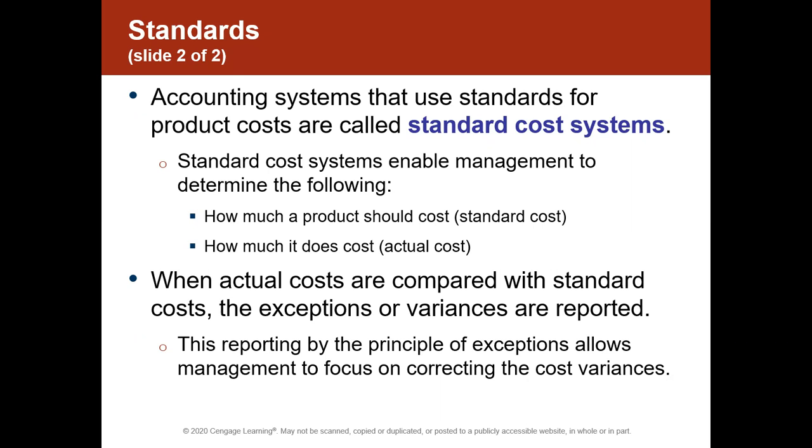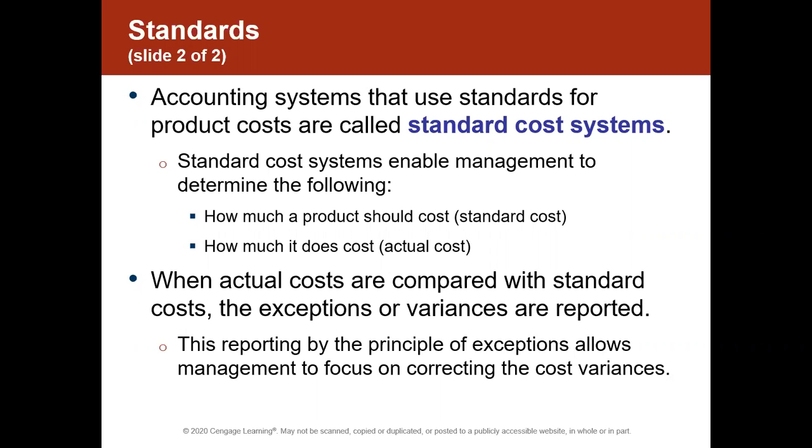And compare those two. If we're way off, especially in an unfavorable way, why did it cost so much more than we thought it would? We can look at that and start to make some policies to help us mitigate that. Or if we find that it's favorable, we can say, how do we repeat that? How do we keep our costs lower than the standard? And in time, maybe we would even adjust our standard lower if we consistently were hitting that target.